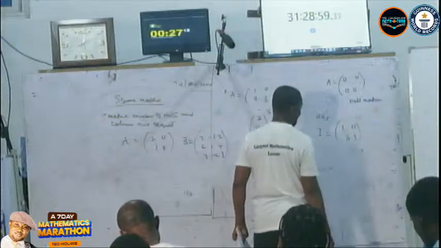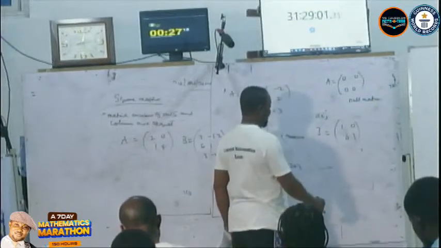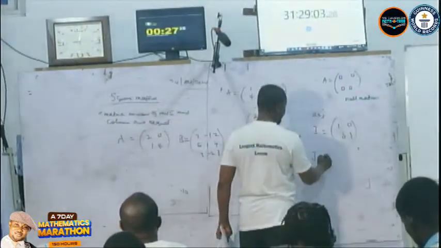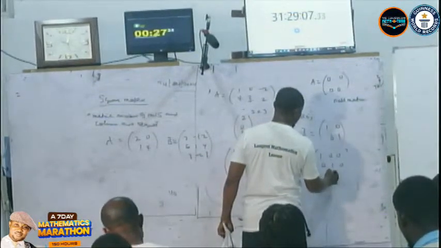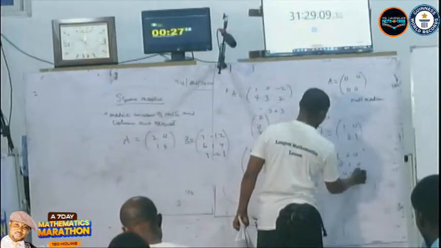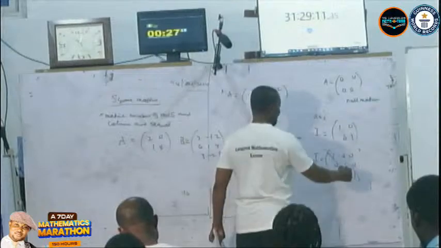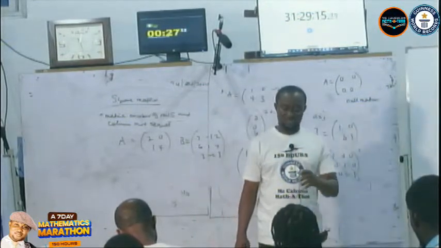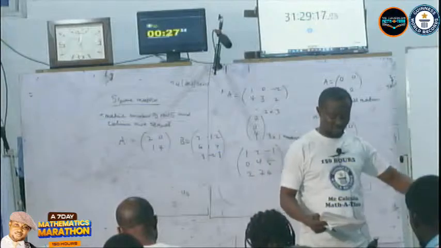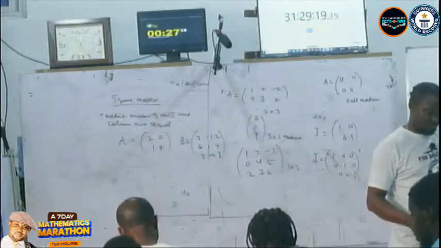This is the 2 by 2 identity matrix. If we have a 3 by 3 identity matrix, it is 1, 0, 0, 0, 1, 0, 0, 0, 1. So this diagonal here is 1, 1. So if they give you any matrix and they say I, take note that that I is what? Identity matrix, and the leading diagonal is 1, 1.